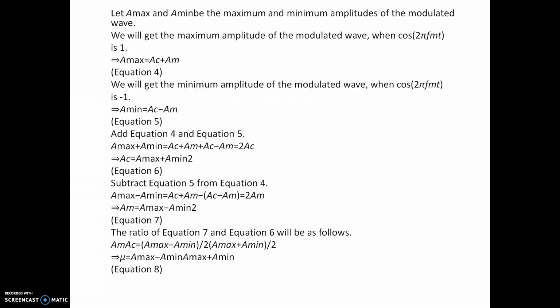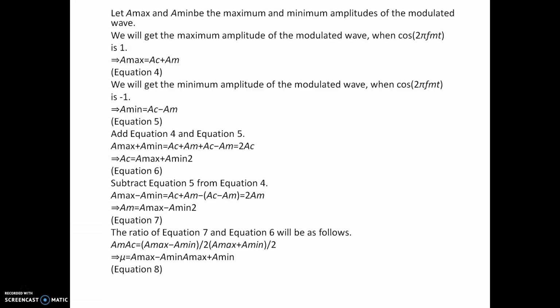Let Amax and Amin be the maximum and the minimum amplitudes of the modulated wave. We get the maximum amplitude of the modulated wave when cos 2π fm t equals 1. So, Amax = Ac + Am, which is equation number 4. We get the minimum amplitude of the modulated wave when cos 2π fm t equals minus 1.